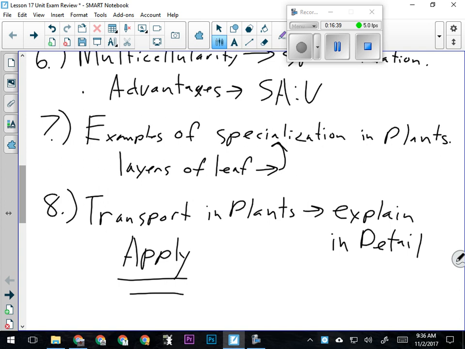Here's a plant that's in this situation. How is plant transport going to be affected by this situation? So you'd have to say, well, plant transport works like this, and these are some factors that are important for it to work properly. In this situation, this is going to be affected. So this is what will happen to plant transport as a result. Everybody kind of follow me on that one? So it's important to be able to apply what we know. Certainly write down what you know. That's going to be part of it, but also then talk about it in the context of the question.